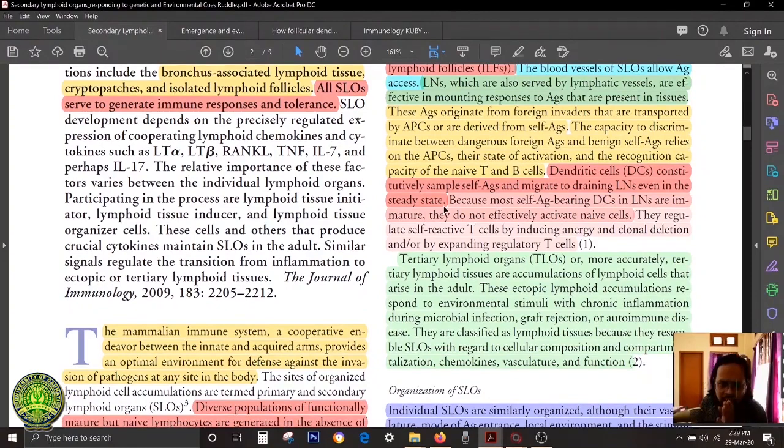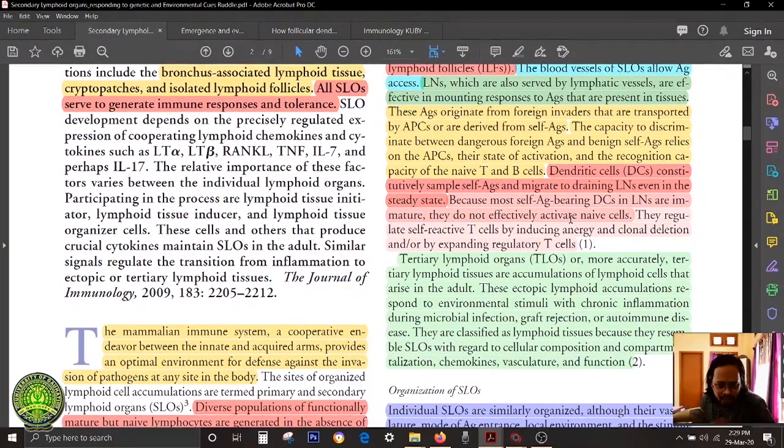And one such very nice story, look at this. This is just a story, right? Dendritic cells constitutively sample self-antigens and migrate to draining lymph nodes even under steady state. That's your basal state. Because most self-antigen bearing dendritic cells in the lymph nodes are immature, they do not effectively activate naive cells. Just imagine, these dendritic cells which are not completely mature dig through all the matter that has entered the lymph node.